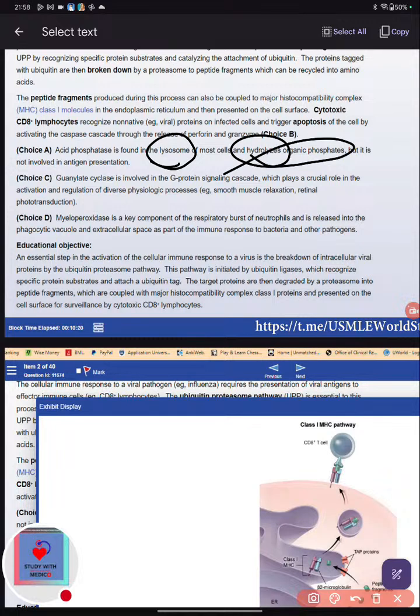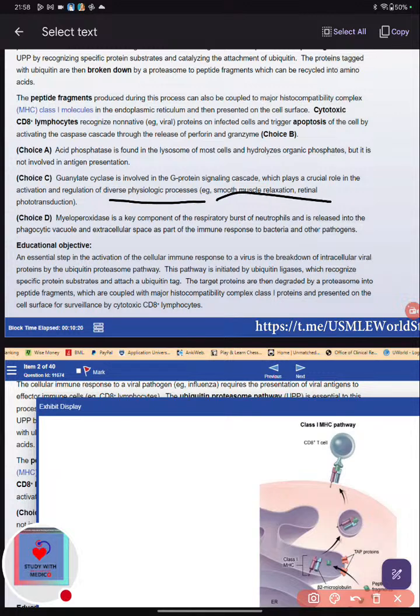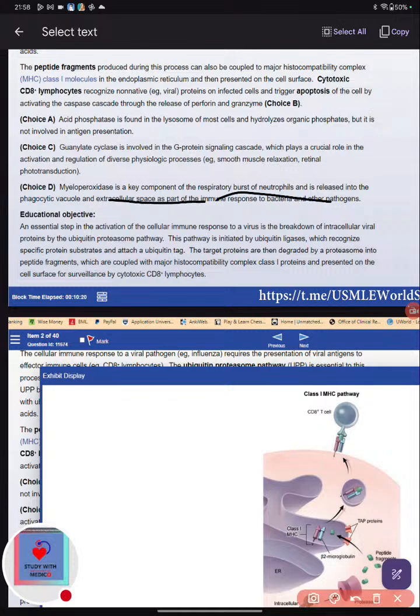Talking about guanylate cyclase, it is involved in the G protein signaling cascade and plays a crucial role in the activation and regulation of diverse physiological processes, such as smooth muscle relaxation and retinal phototransduction.